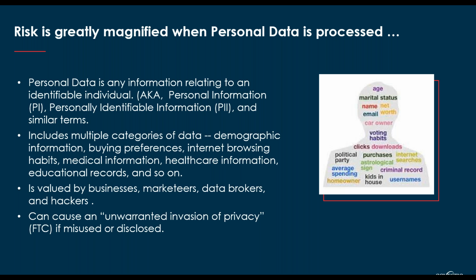And while different laws define it differently, personal data includes things like age, marital status, voter registration, social security numbers, bank account numbers, but it also includes things like purchasing preferences and even internet browsing habits. So this information has value not only to your business, but also to hackers.